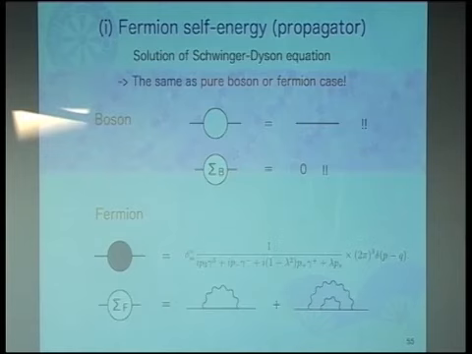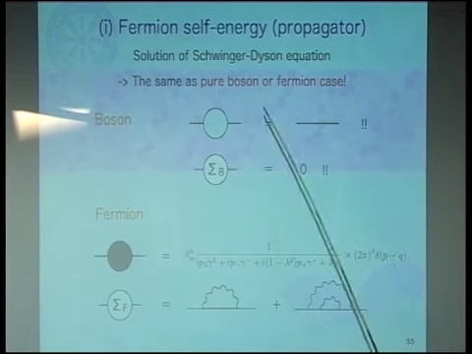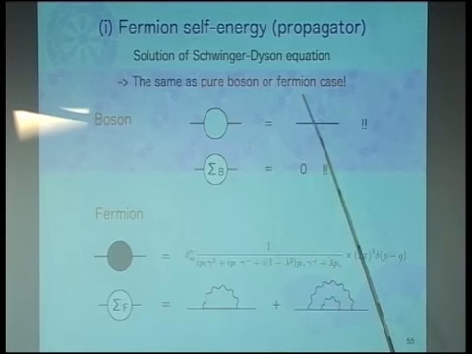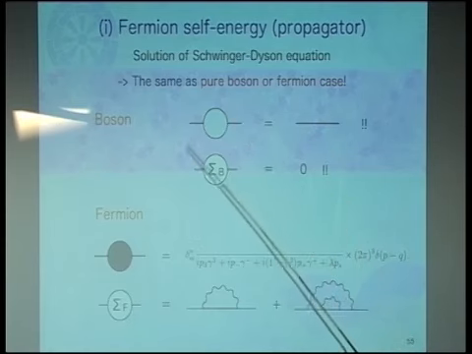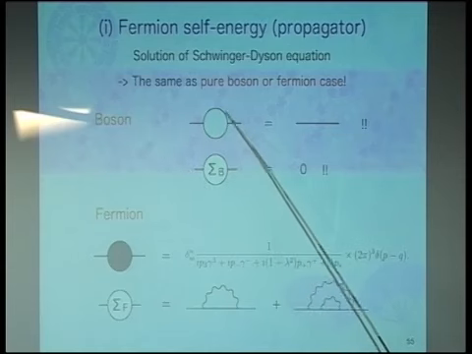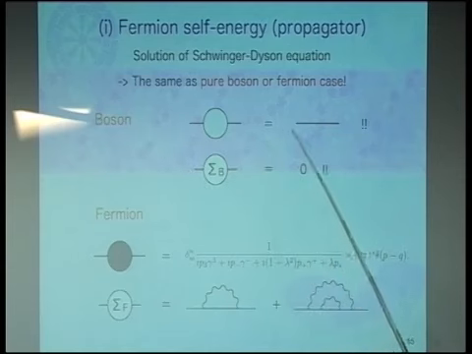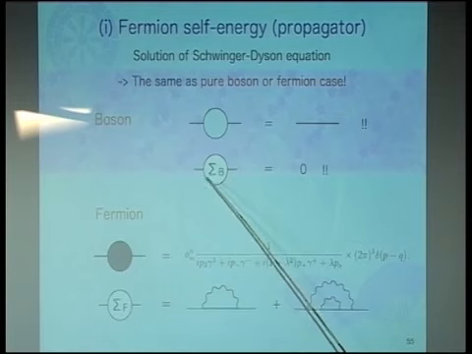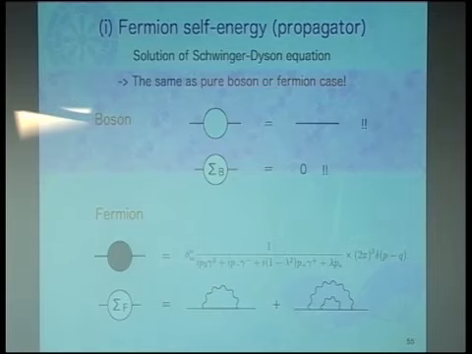And you can solve this Schwinger-Dyson equation. It turns out that the solution is the same as the pure boson or pure fermion case. In the boson case, the exact propagator reduces to the classical one in the large N limit, which means this 1PI self-energy diagram vanishes. In the fermion case, the solution is the same as the purely fermionic case, to be exact.